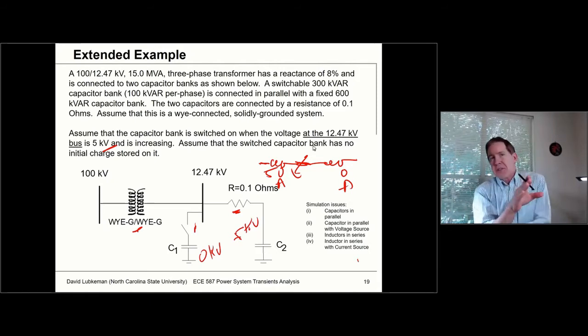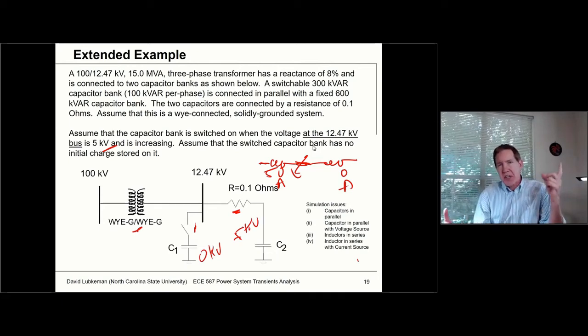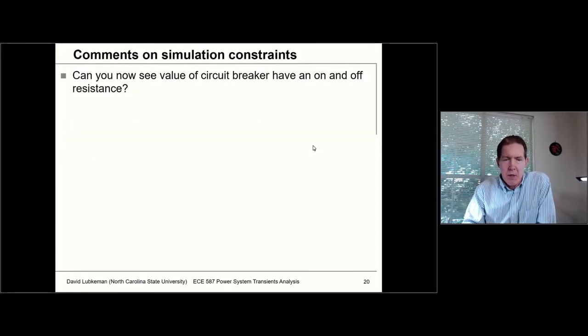So again, when you're doing simulations, one thing to check is, if you've got parallel capacitors or series inductors, make sure you're not going to have an issue with the initial conditions. So anyway, that's why I put that resistor in the circuit. We can't theoretically, if we have two capacitors at different voltages, just put them together in parallel. All right. So anyway, that's just some comments I wanted to make on simulation constraints.